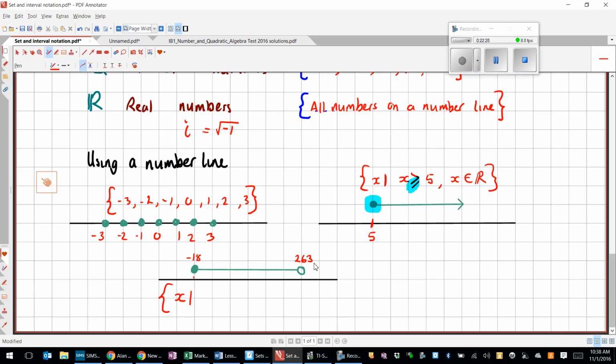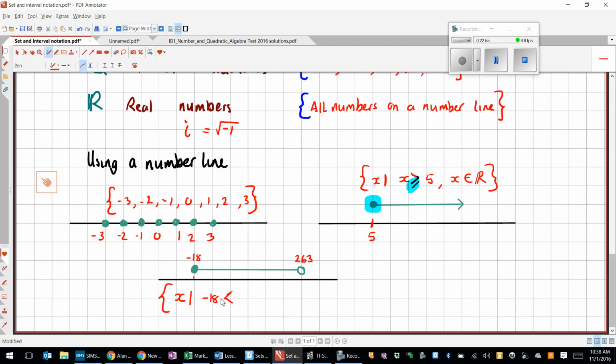It doesn't matter, it's two numbers. So this is my tip: I'm going to write the minus 18, and I always write my arrows that way round, because the small end of the arrow points to the smaller number. So we read small to big, left to right.